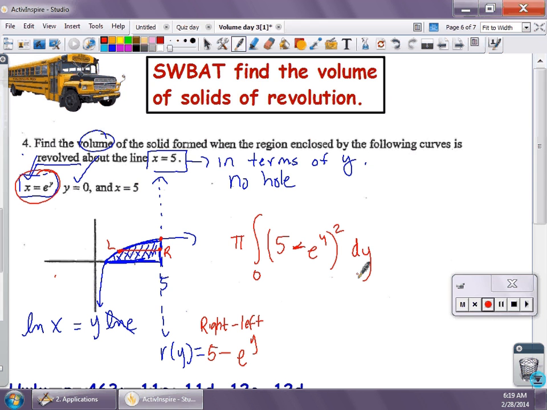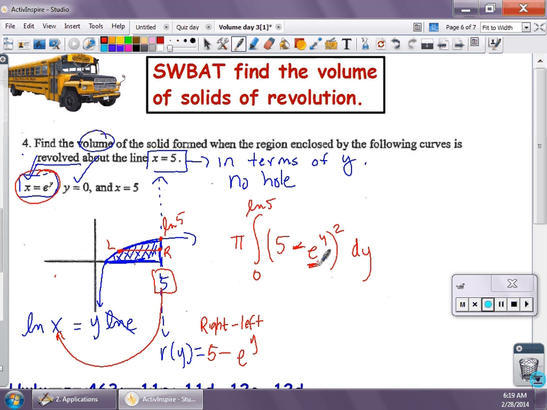Now we need to find our upper bound y. This is the x value of 5, so I'm going to substitute that into the easy equation, which is right here. So y is equal to the ln of 5, which is perfectly fine because we're going to be integrating a function that involves e, so that's probably going to take care of that ln 5.